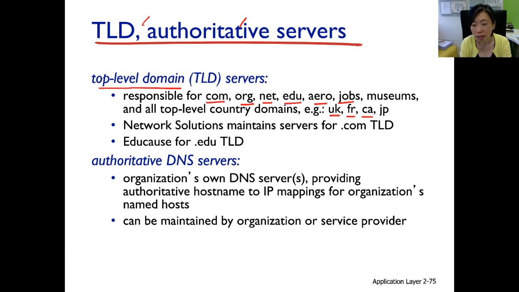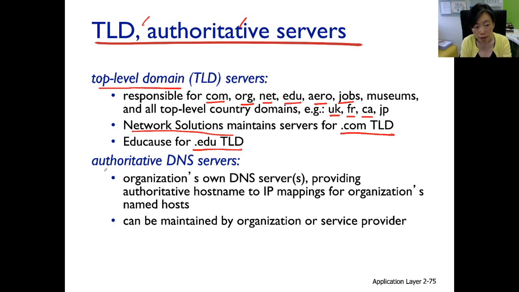And each of these TLD servers is maintained by some sort of organization of public interest. Some people call them NGOs. So for example, Network Solutions maintains the servers for the .com TLD, and EduCause for the .edu TLD.